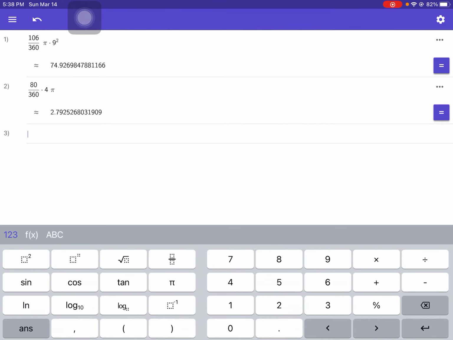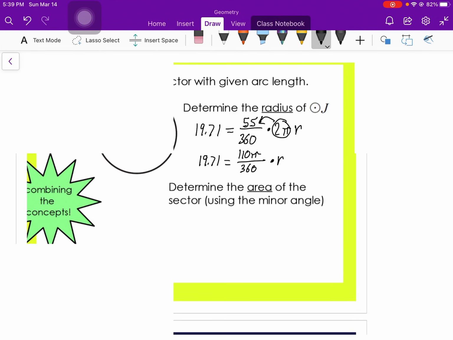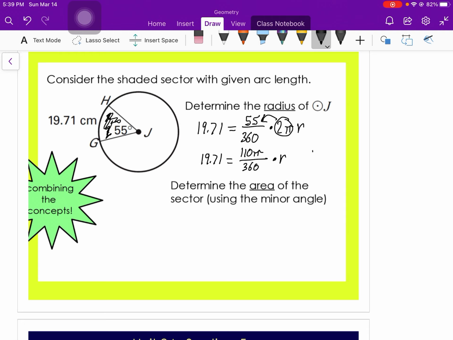This 110 pi divided by 360, and we get 0.9599. So I'm just going to round that to 0.96. So it's 19.71 equals 0.96 times the radius.